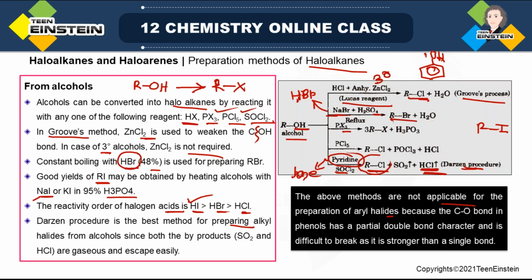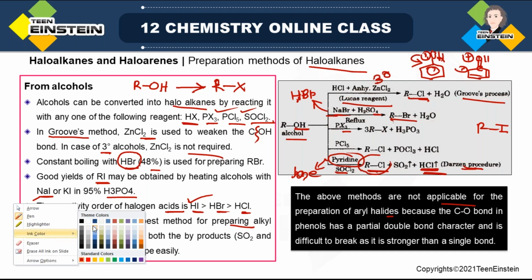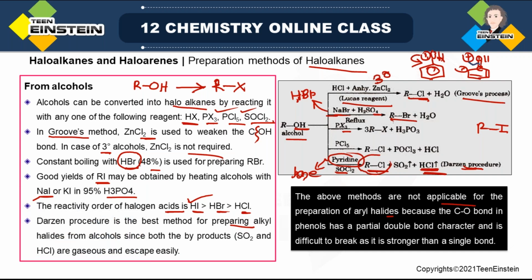Now, in phenol, the lone pair over oxygen can take part in resonance with the double bonds of the benzene ring. As a result, in the resonance structure, there will be some carbon-oxygen double bond character generation. Because of this double bond character, breaking this carbon-oxygen bond will be very difficult because of this partial double bond character.